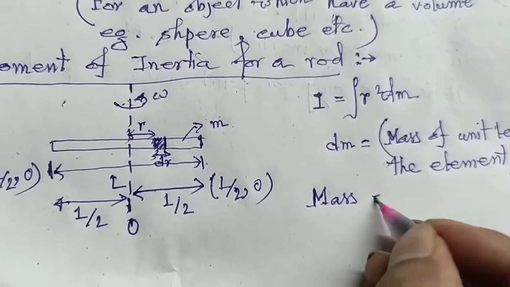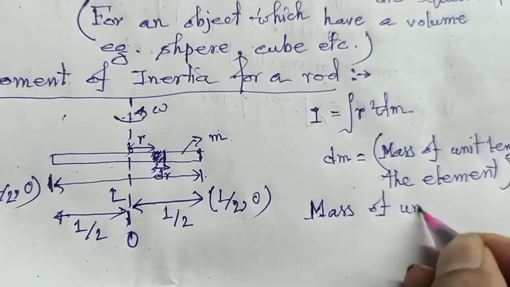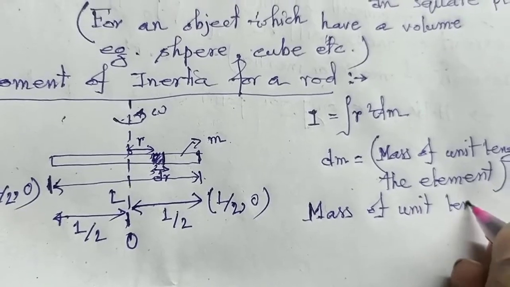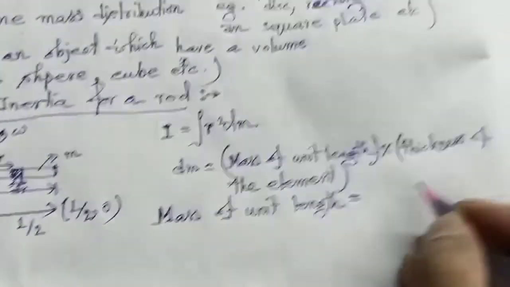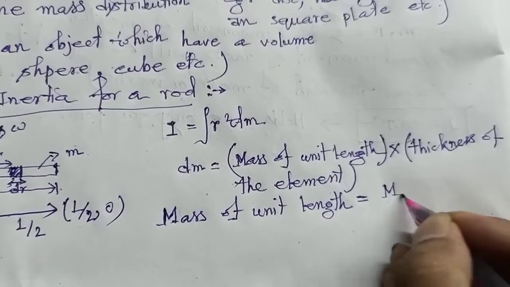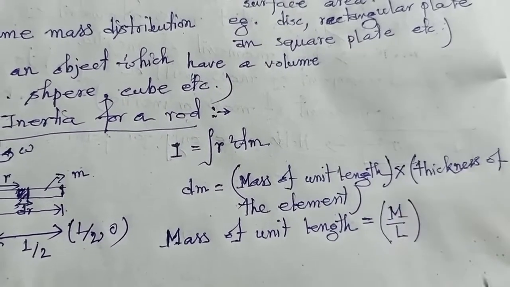So the mass per unit length will be equal to M divided by L. That is the mass per unit length.